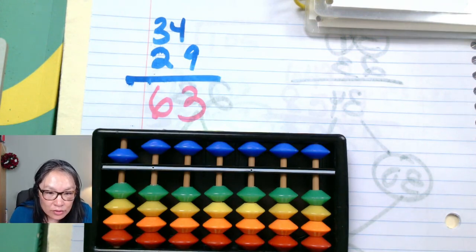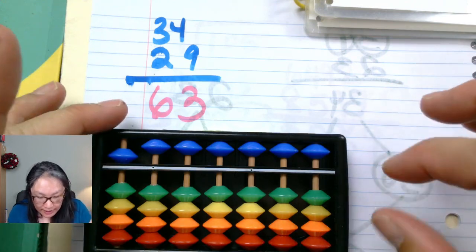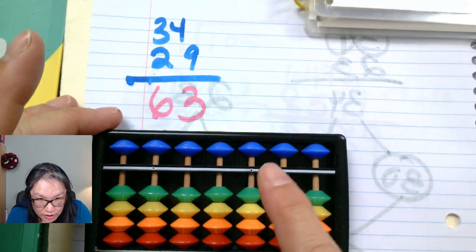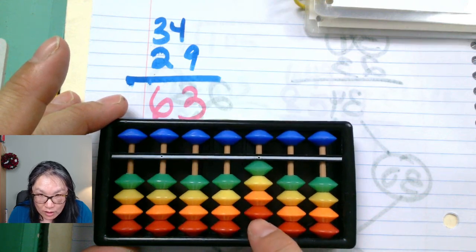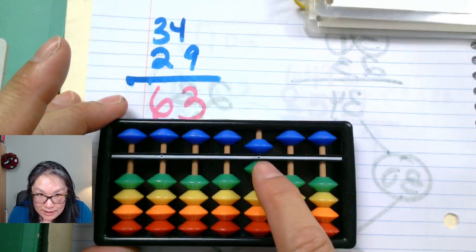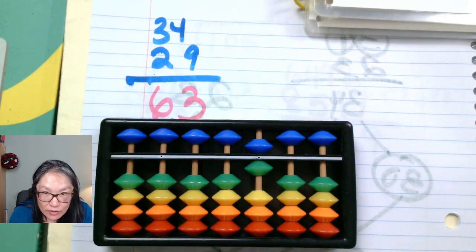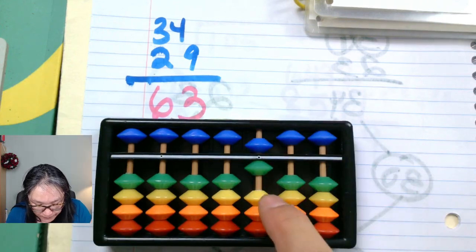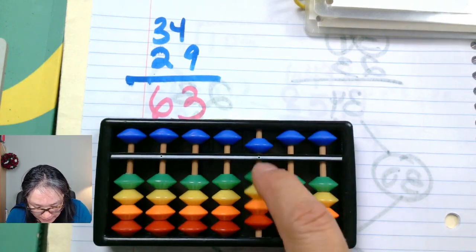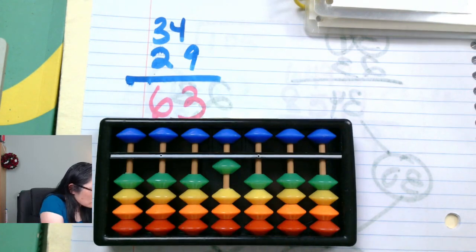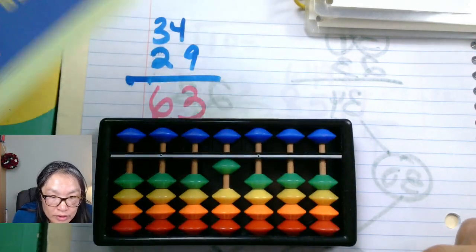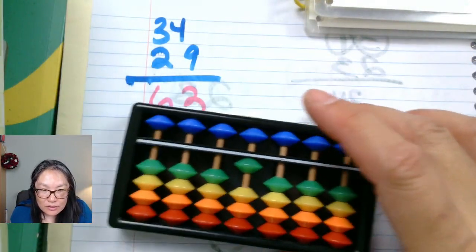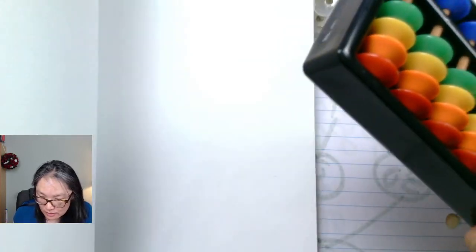Just to review, this is 1, 2, 3, 4, and then 5. 6, 7, 8, 9, and then 10. We're learning how to read the abacus.